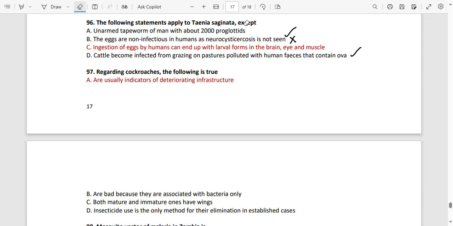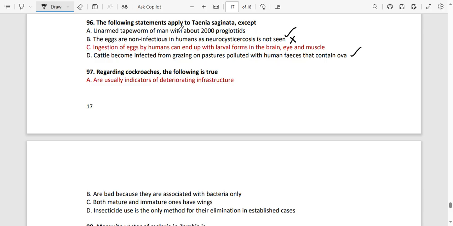The Taenia saginata larva is the one that causes cysticercosis. But that larva, before it has broken out, is known as what? Oncosphere. It has not yet broken out, so it's still in the egg. So this egg can't infect human. That's why you can't have neurocysticercosis. That's a larva form.